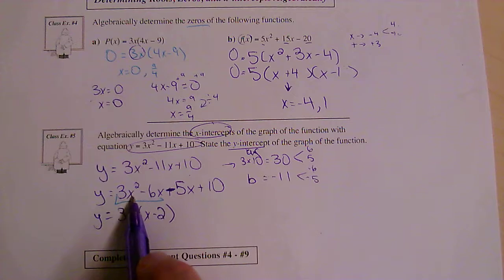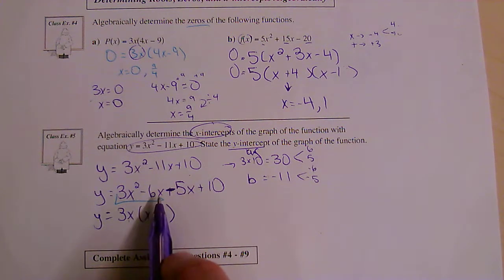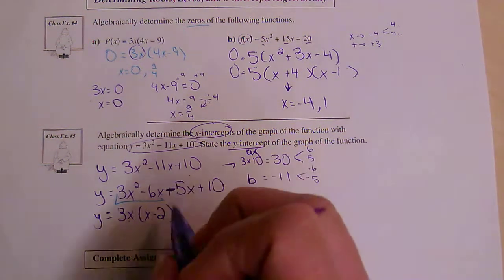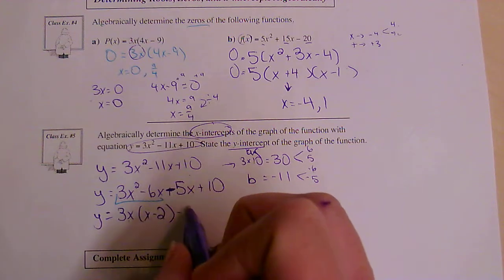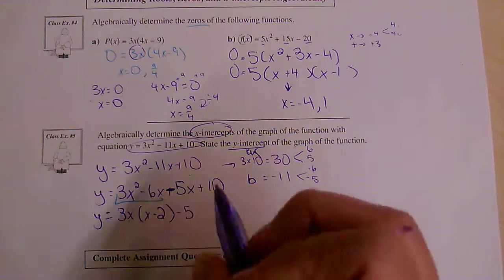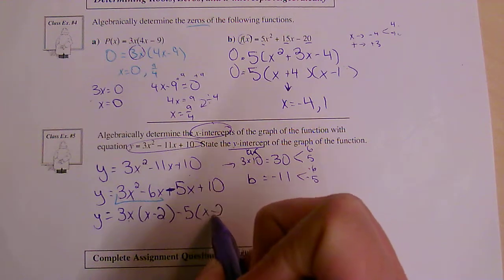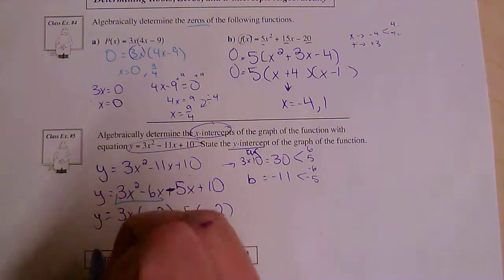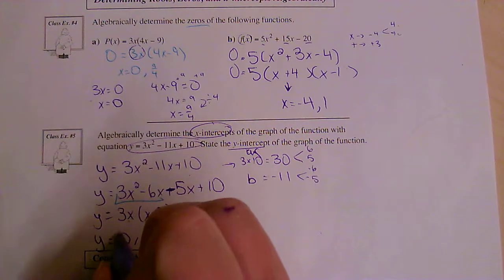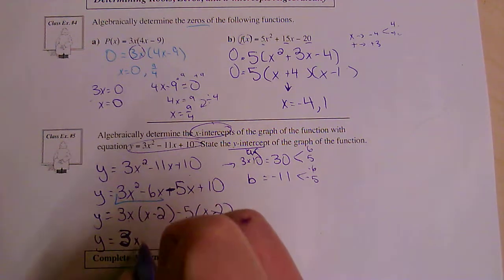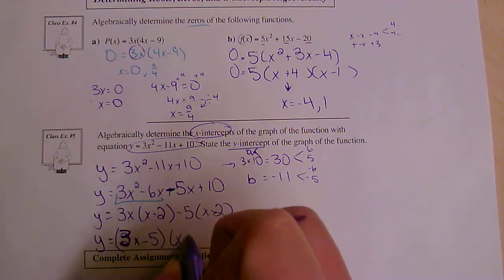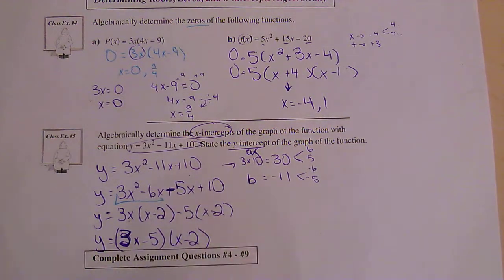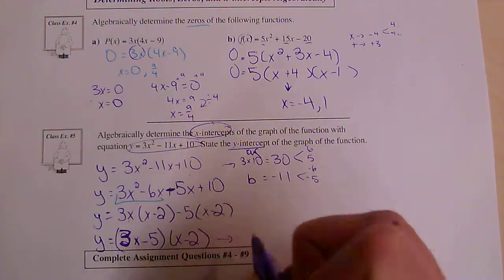So 3x squared divided by 3x is x, and -6x divided by 3x is -2. Then I'm going to do the same thing over here. I'm going to take out that -5, because I want x minus 2 again. If we double check, -5 times x is -5x, and -5 times -2 is +10. Then I would group them together, 3x minus 5 and x minus 2, which then gives me my x-intercepts.